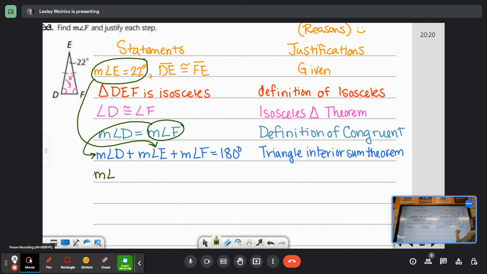Measure of angle F plus the measure of angle E, which is 22 degrees, keep the other measure of angle F, equals 180. That's the substitution property.